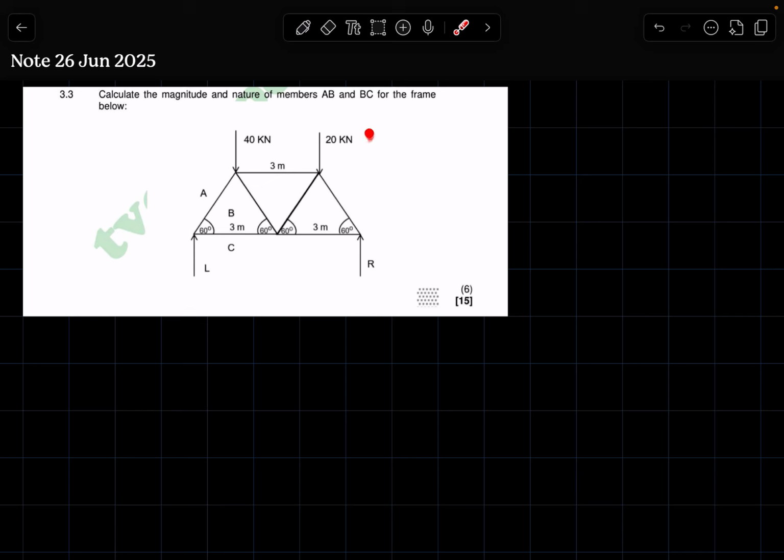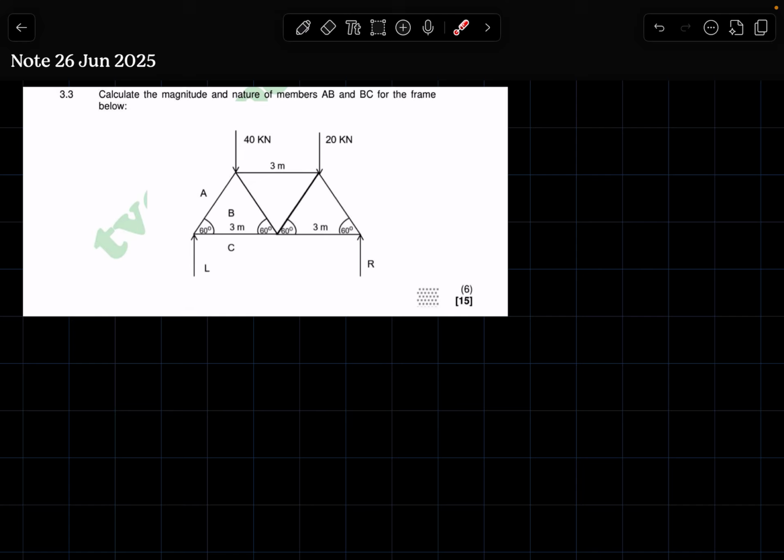The vector sum of the external forces must be equal to 0, meaning forces going down must be equal to forces going upward. That way we are able to apply the conditions of equilibrium using the external forces, knowing very well that the system of external forces is in equilibrium. What that suggests is that our roof truss or our framework is in equilibrium as well.